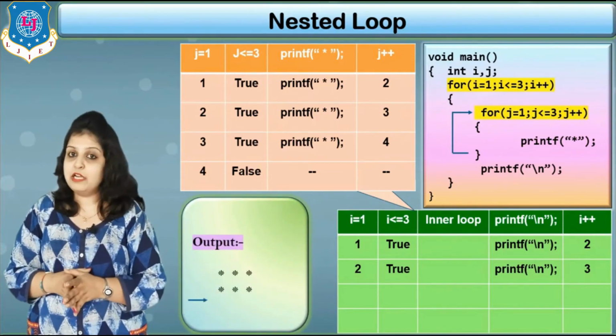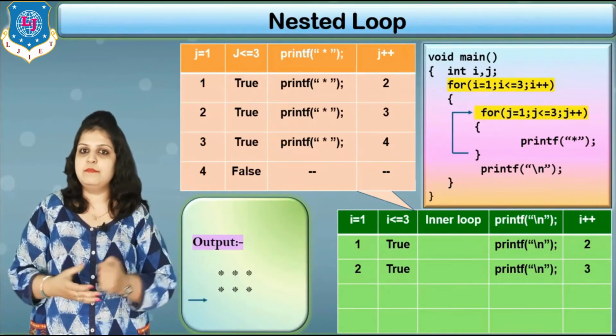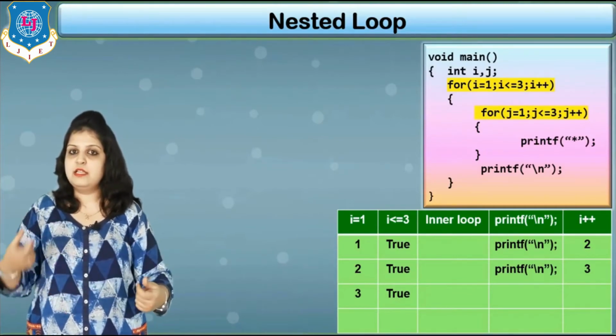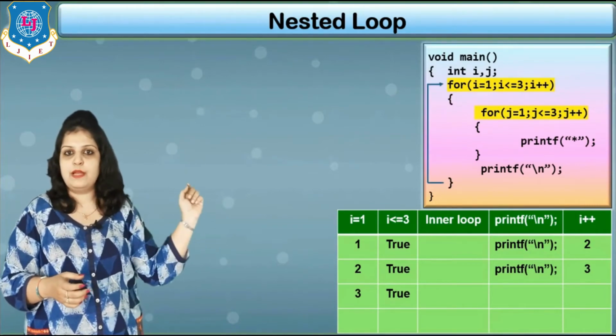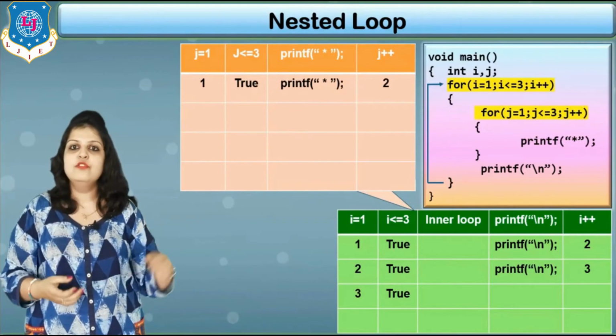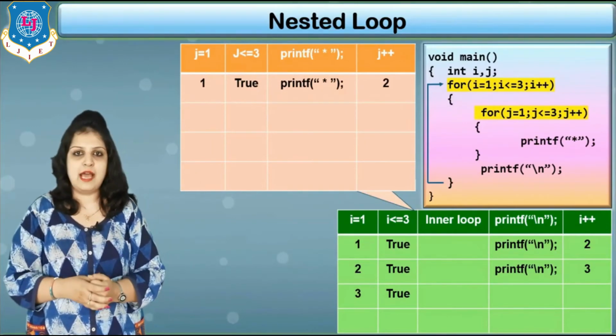Now our I becomes plus plus. So our next I will be 3. Again check the condition that 3 less or equal to 3, condition true. So again come inside the loop, and the column loop is again executed 3 times. So how? So again j is equal to 1, 1 less or equal to 3, yes.